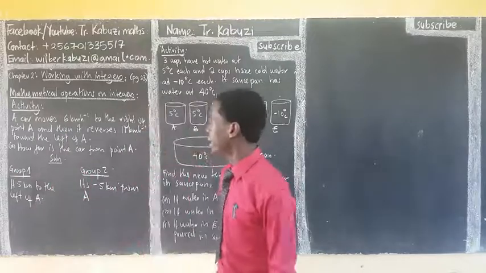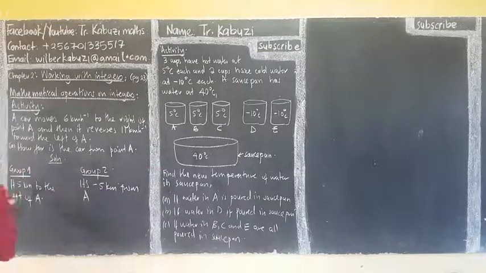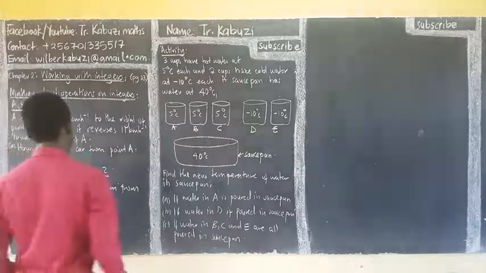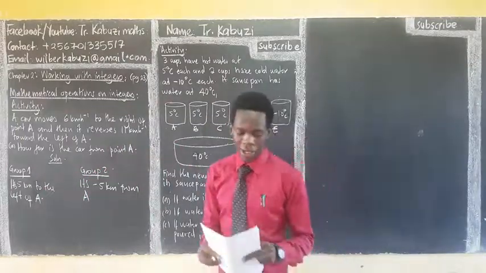Group 1, they are saying it's 5 kilometers to the left of A. And then group 2, they are saying it's negative 5 kilometers from A. What do we go with?